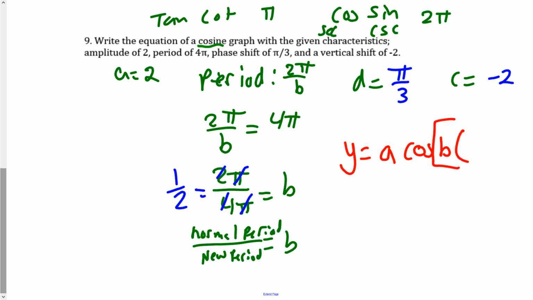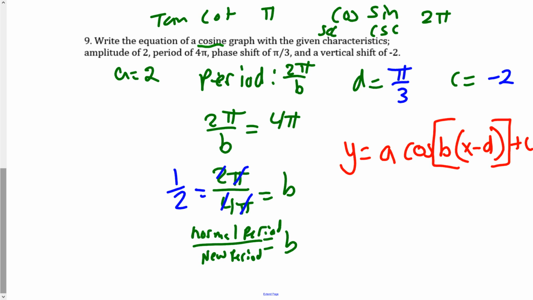You could probably put this in a bracket if you want to, it doesn't really matter. Your b, and then x minus your d. Okay, so it's always doing the opposite. So you think of that negative, it's always the opposite. So what's going to go in the equation is the opposite. And then you can close that bracket, and then you can add c at the end.